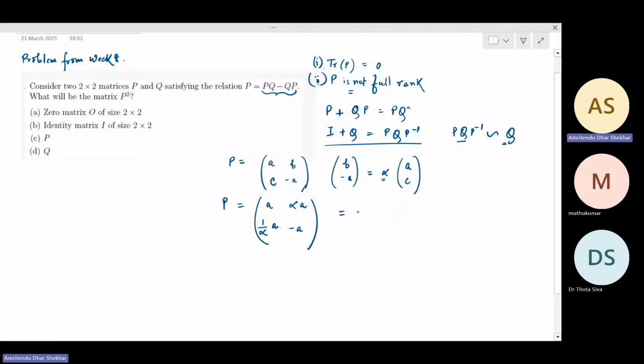So that makes it equal to A times 1 alpha, alpha inverse minus 1. Alpha is a scalar, of course. Let's say alpha is not equal to 0. We're basically analyzing this case by case.